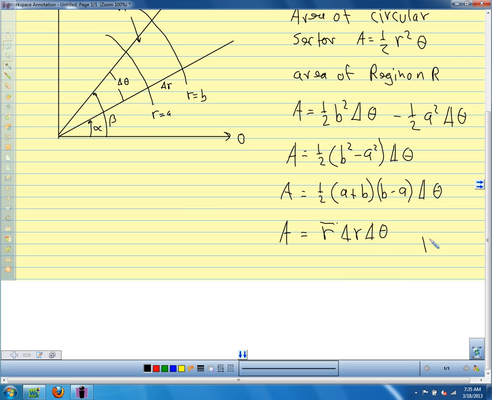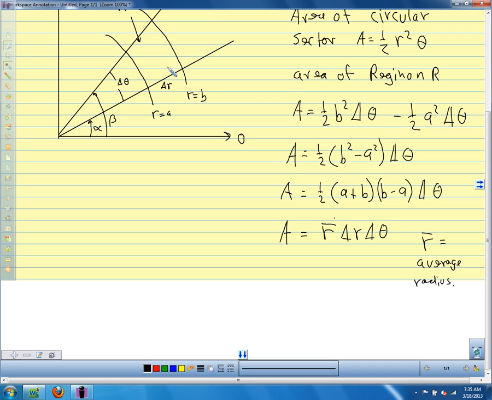So r bar equals average radius. So that's how we're going to represent the area of this little region.